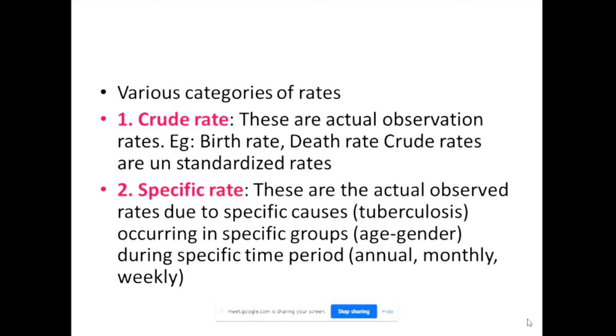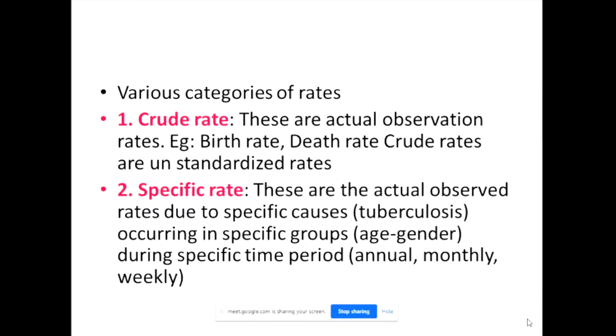First one, actual observation rates. مثلا birth or death, which is unstandardized rates. بينما specific rate, these are the actual observed rates due to specific cause. مثلا occurring in a specific group of age and gender during a specific time.